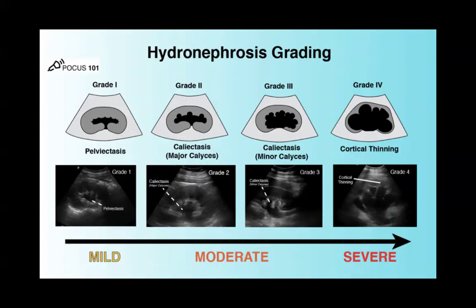Figuring out what is mild may be a little bit more difficult because there are normal variants where normal renal vasculature can mimic mild hydronephrosis, and you can only tell the difference by using color Doppler or looking at the flow of the kidney vessels. When you put color Doppler over hydronephrosis, there should be no color flow.